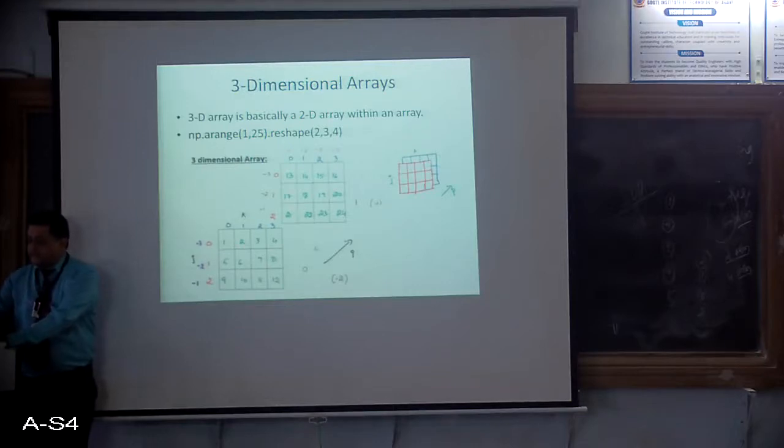That is 0, 0, 0 gives me element 1. 1, 0, 1: 1 means I am looking at the second 2D array, 0 means I am looking at the first row and 1 means I am looking at 14.